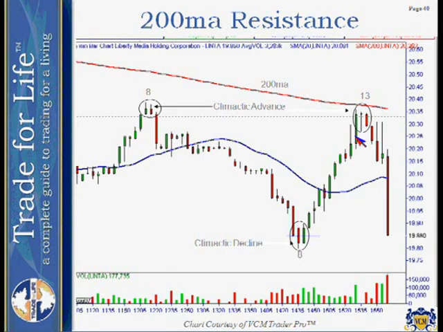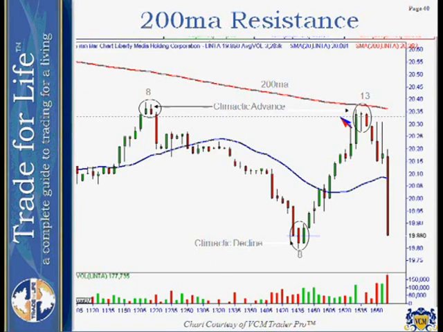Stock rallies, comes up against its flattish 200 period moving average. It's also way above the 20. You can take this short, provided the daily bar is bearish. So at or near a flat 200, you can take a 55% or 100% entry event as long as it's in sync with the daily bar.